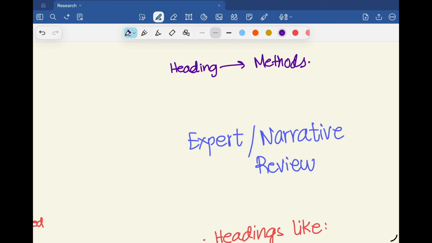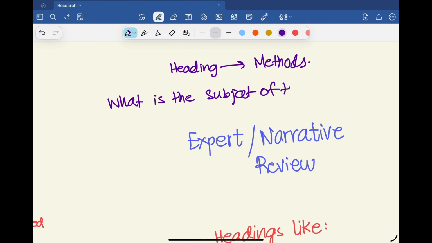So when you find it, what are you going to do? Well, once you find the method section, you are going to ask yourself a question. You're not going to read the entire thing, just a couple of lines, and the question is, what is the subject of their methods?